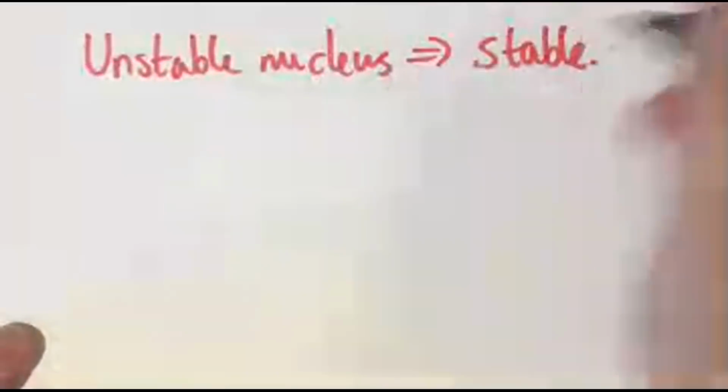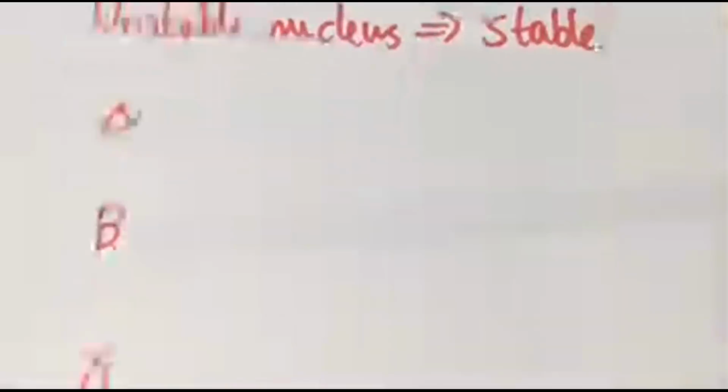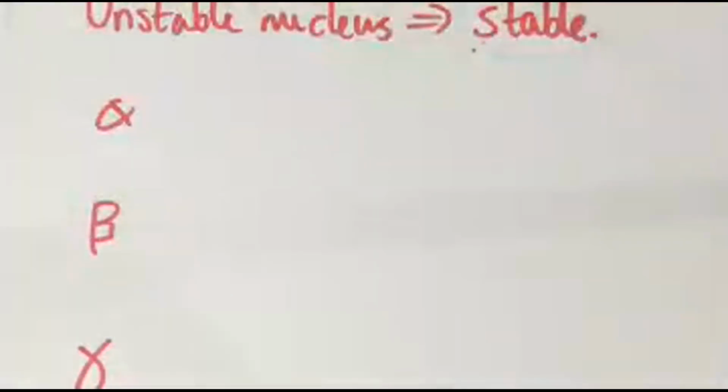So how do they do that? They've got 3 possible ways: alpha, beta, and gamma. So when you go back to the nucleus getting really big, the easiest way to make it small again is if a chunk of it flies off.